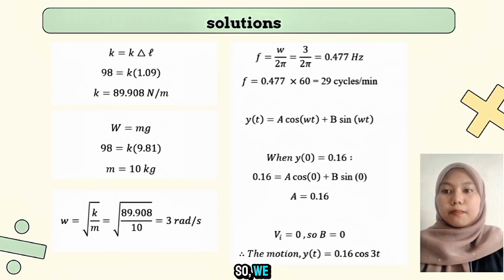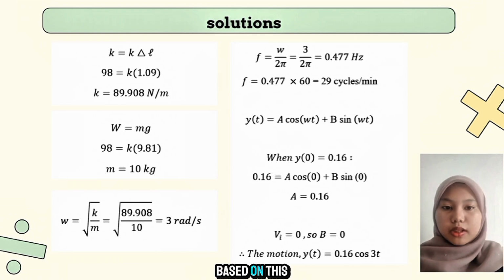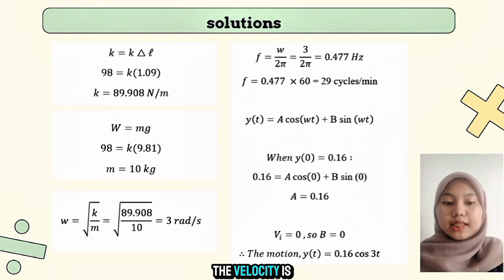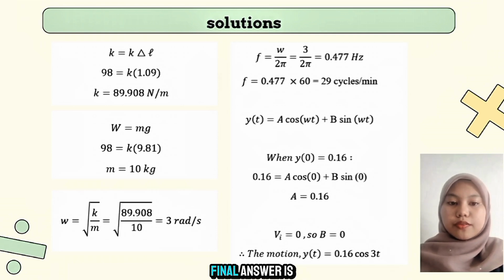So we calculate and we get a equal to 0.60. Based on this equation, the velocity is 0, so the value of b is 0. So the final answer is the motion y(t) equal to 0.60 cos 3t.